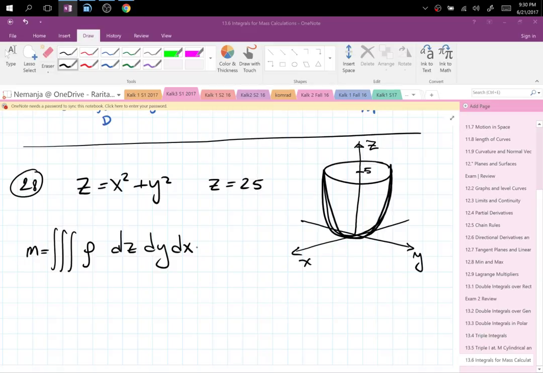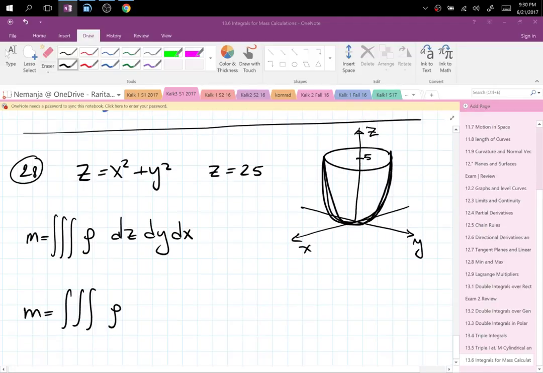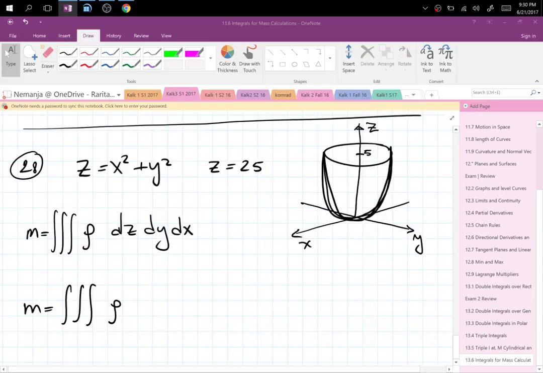So we are recasting this integral into a triple integral of rho, and then we have our string for cylindrical. Anyone remembers it? dz, r, dr, d theta. Okay, cool. So theta 0 to 2 pi, because it's the full paraboloid going around. The radius will go from where to where?